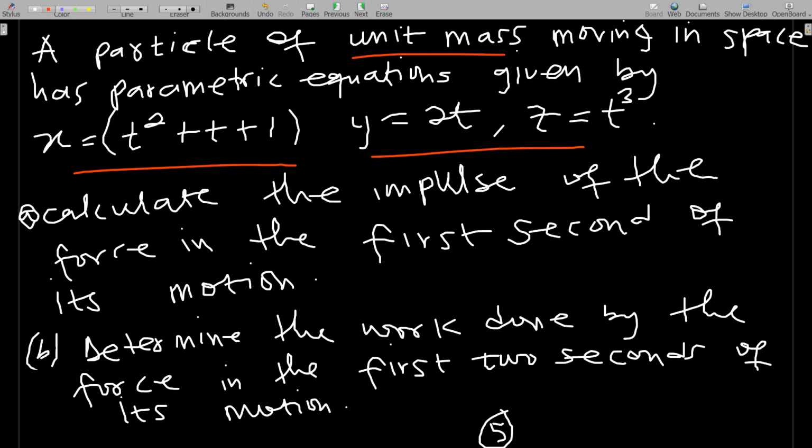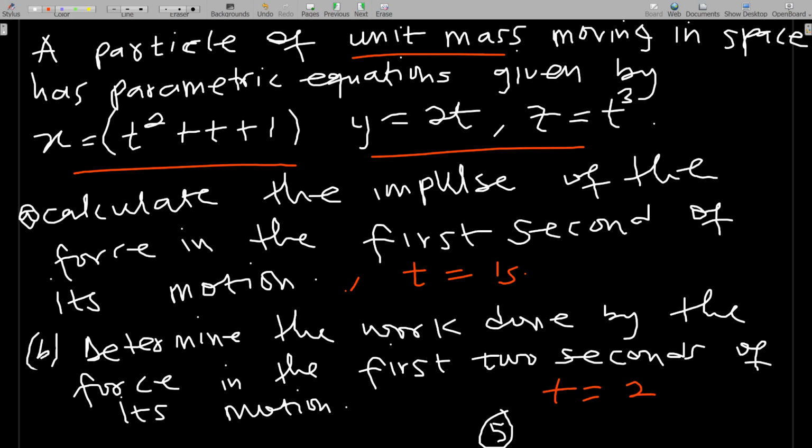Calculate the impulse of the particle in the first second of its motion, meaning t is equal to 1 second. Determine the work done by the force in the first 2 seconds, meaning the work done at time t equals 2.